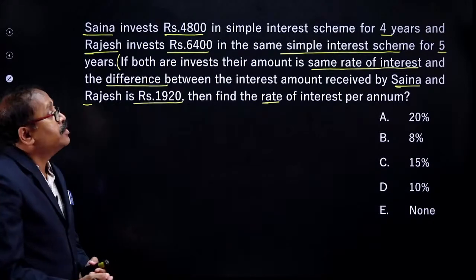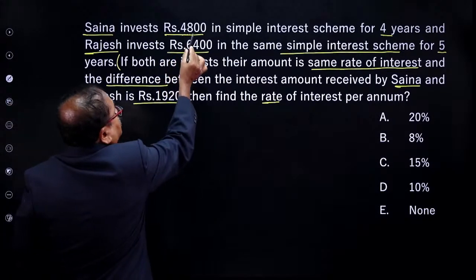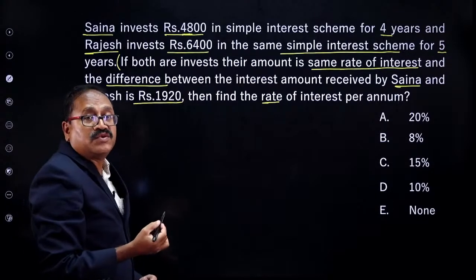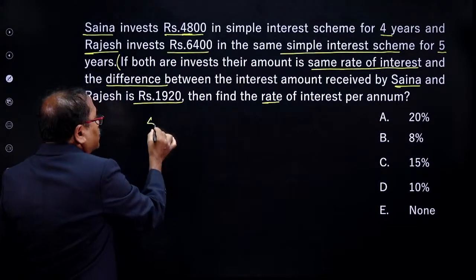Okay, time up. Now here the sum is 4,800. So क्या ऐसे लिख सकते हैं?